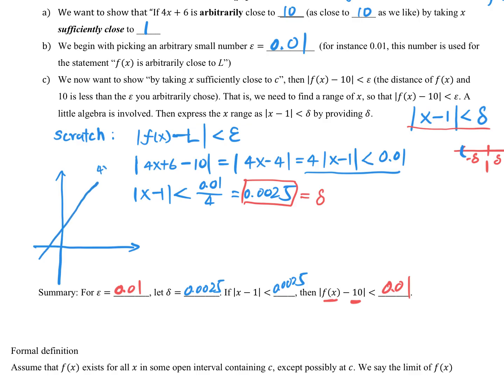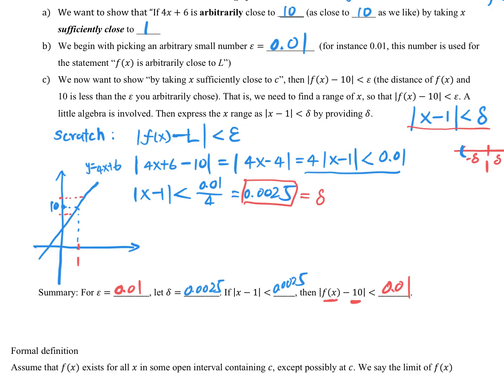This is the 1, and this is 10. I want to convince you that the function has limit 10 when x is approaching 1, and then you tell me how close you want the function value around 10.